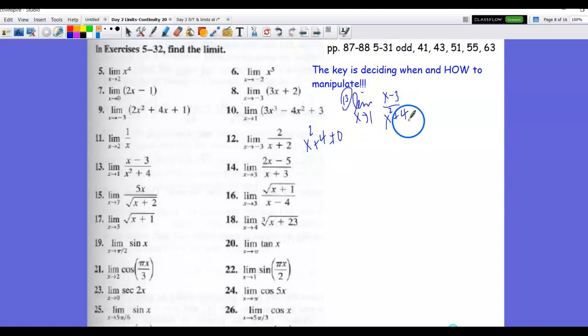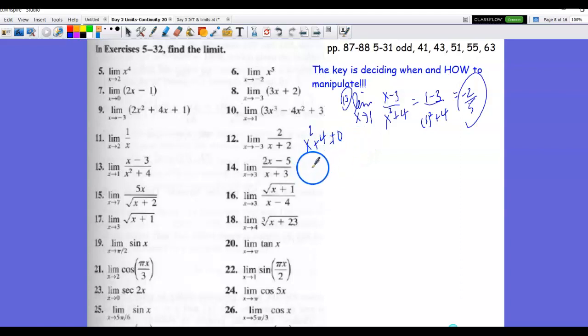So this denominator is protected. There's no discontinuity coming from the denominator, so this is a direct substitution problem. So 1 minus 3 over 1 squared plus 4. That gives me negative 2 over 1 plus 4, which is 5. The y value this graph is approaching is a y value of negative 2/5.